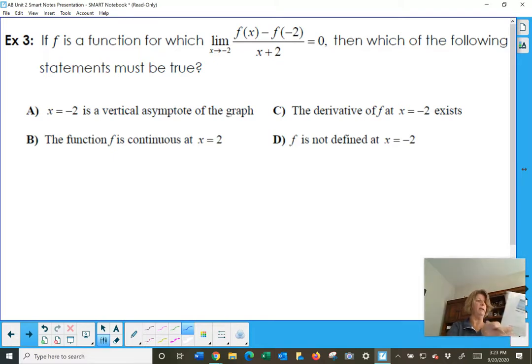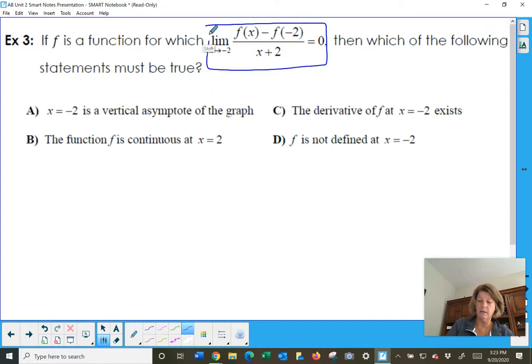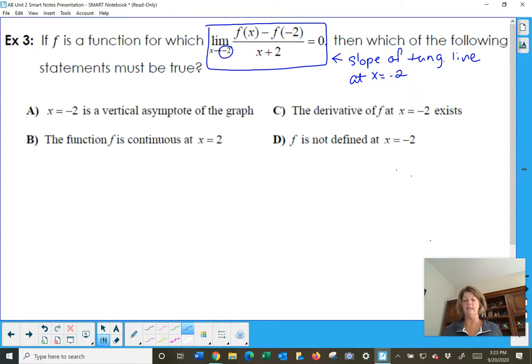Example number 3, we're getting near the end here. Example 3, if f is a function for which the limit as x approaches negative 2 equals 0, then which of the following statements must be true? So if I have this, then I'm interpreting this as the slope of the tangent line at x equals, and I'm looking right there, negative 2, because that's my c value.